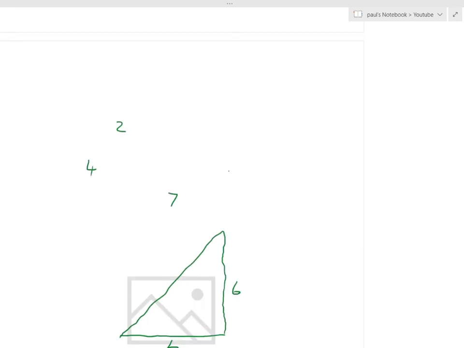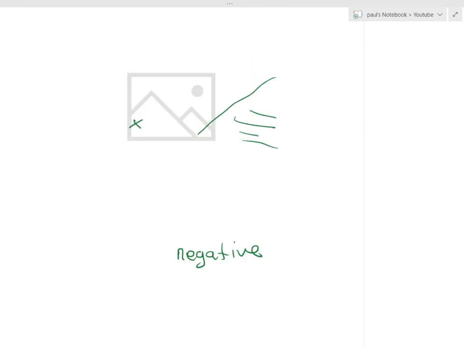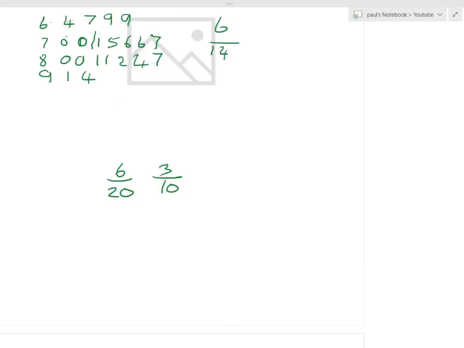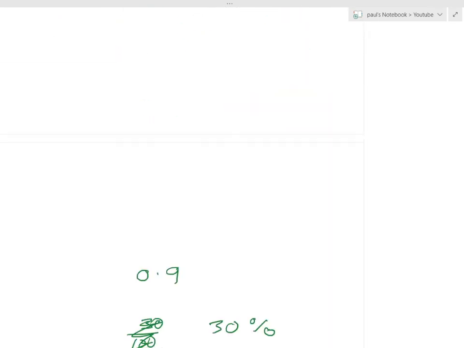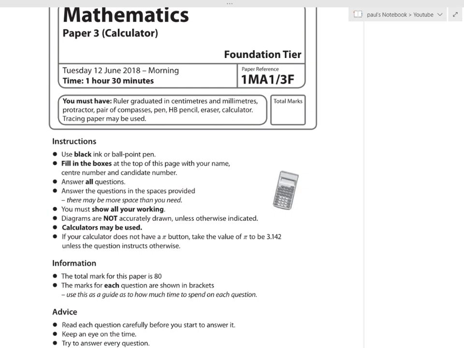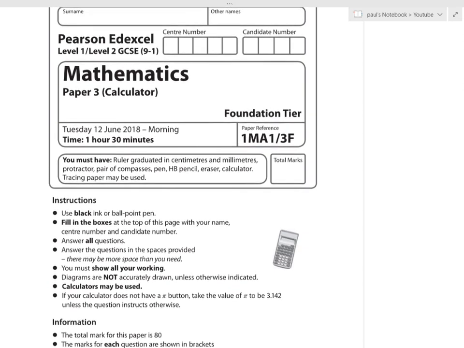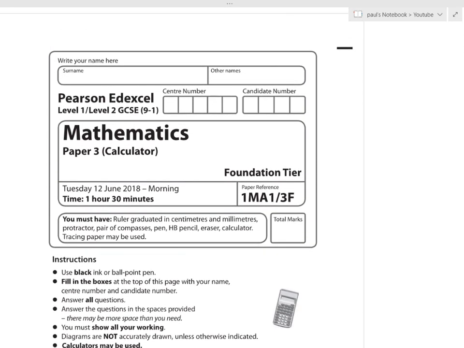Don't go too fast, otherwise the pictures don't keep up. They certainly don't. Right, let me go back to the beginning so we can see what it was we did, because you know how it goes, don't you? Get to the end and you forget what you've done. So I'm going to go back to here, and there I am in the corner.